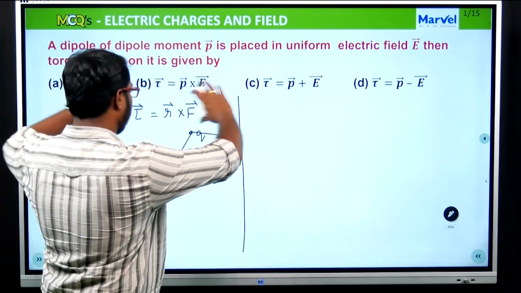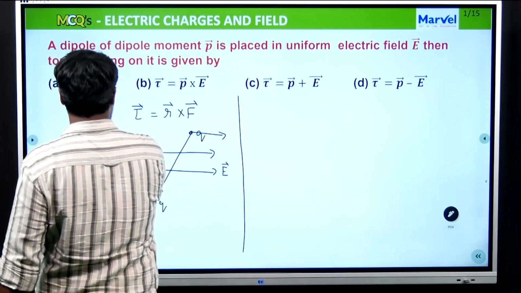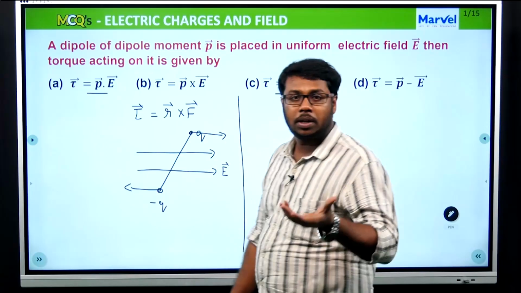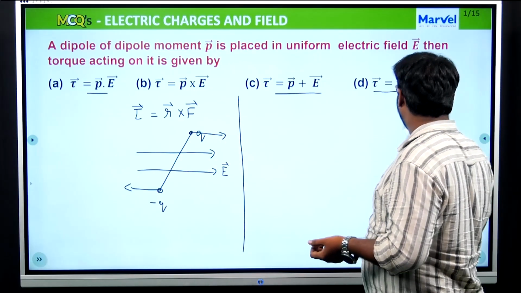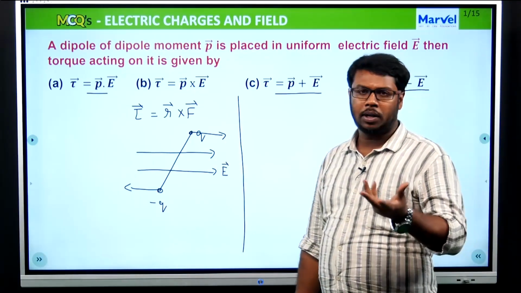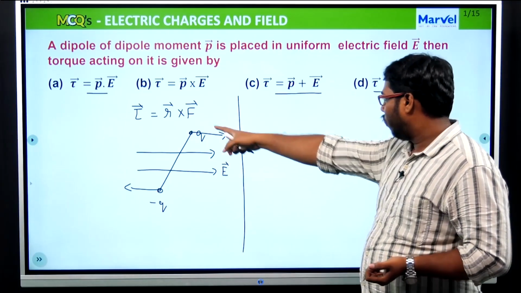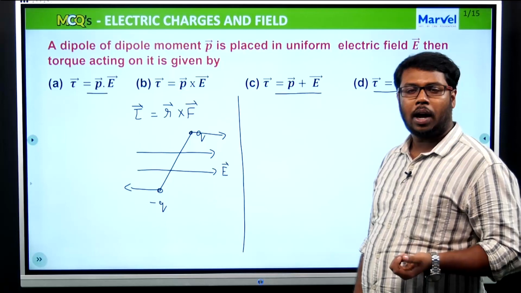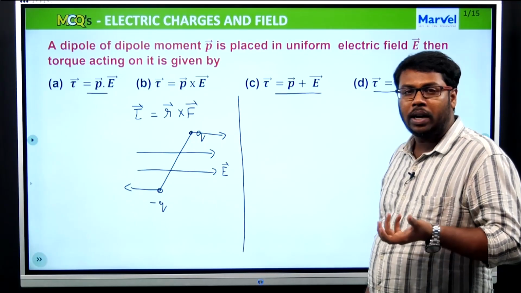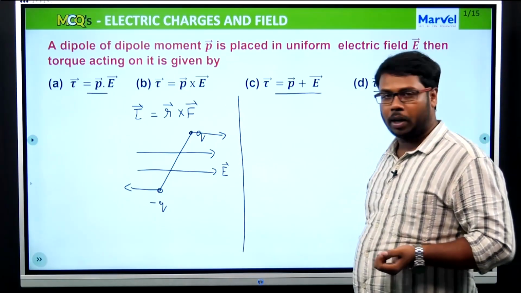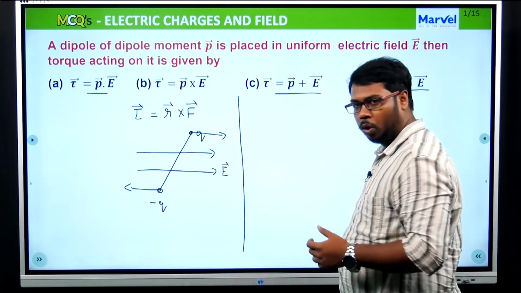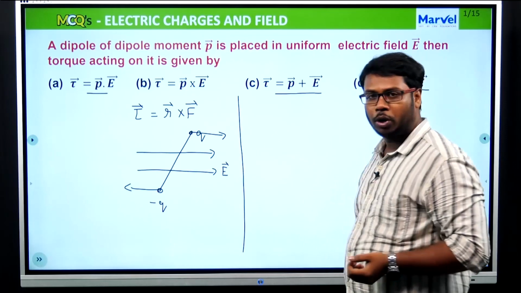If you have a look at the options, the first one is a dot product, the third one is an algebraic sum, and the other is a simple difference. But we already know that the torque is always a vector quantity and will be written only in terms of a cross product. So this equation gives us a clue of how the answer is going to look.